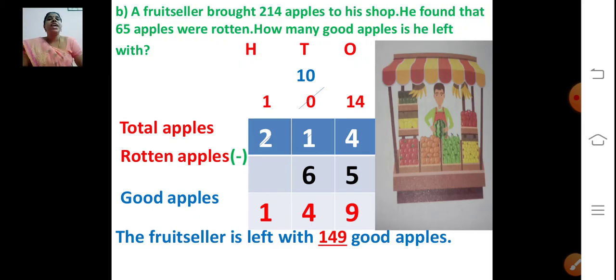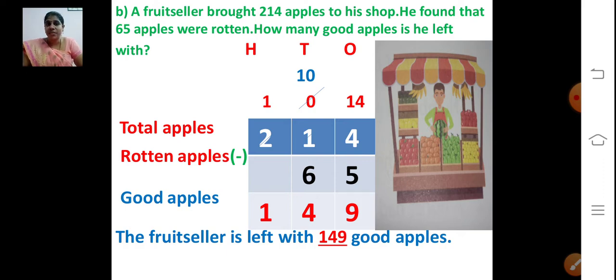B sum. A fruit seller brought 214 apples to his shop. He found that 65 apples were rotten. How many apples is he left with? So how many apples was the fruit seller having at the beginning?